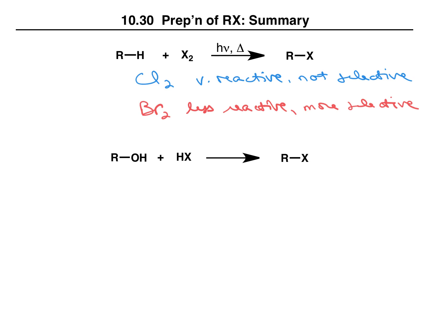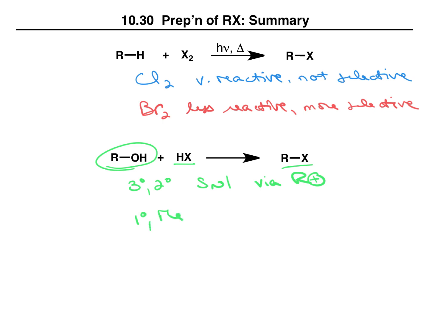Another way to prepare alkyl halides is starting with alcohols and reacting them with HX. And we want to keep in mind that tertiary and secondary alcohols will proceed through the SN1 mechanism, which goes through a carbocation.